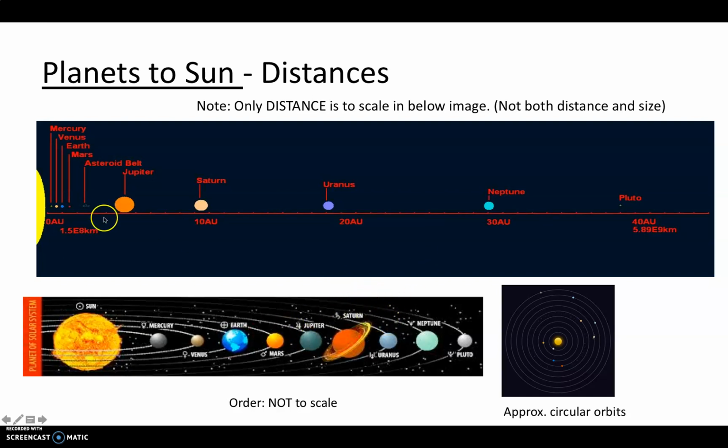Here's a fun trivia fact. If someone asks you, what is the closest planet to the Earth? You might be like, well, the closest planet to the Earth is Venus. That's a really good answer, right? Because in terms of the order of the planets, that's the closest planet to us in terms of its distance from the Sun and our distance from the Sun.